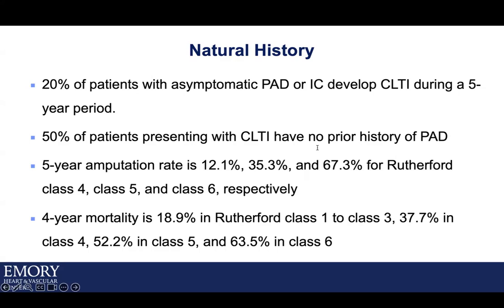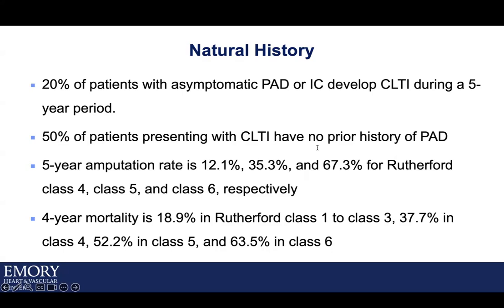And around 50% of patients presenting with CLTI had no prior history of PAD. All of a sudden, they have CLTI, they have foot ulcers. And these patients are usually older males with history of renal failure, diabetes, and stuff like that. Rates of amputation are very high.